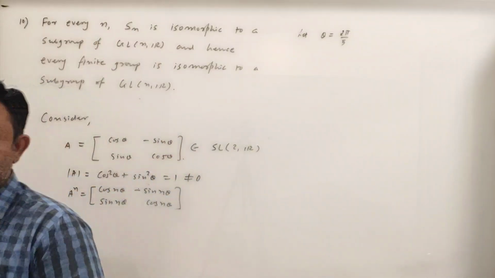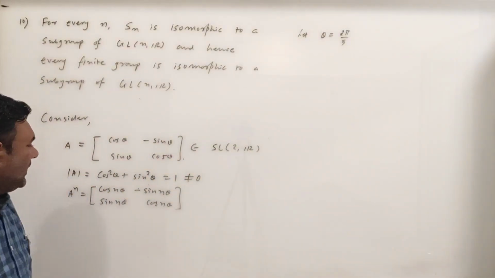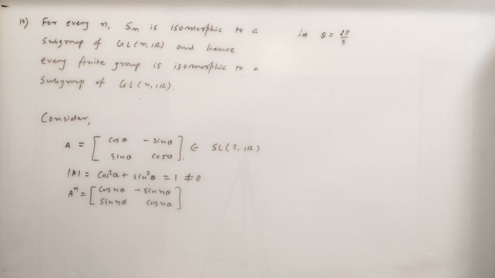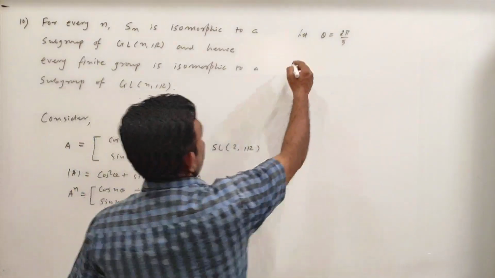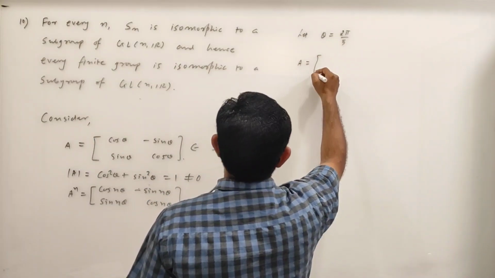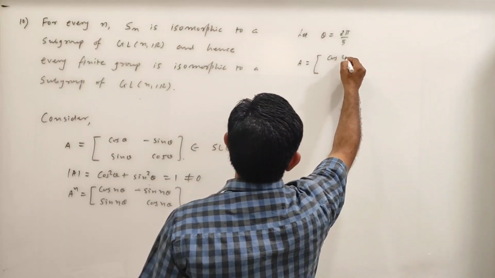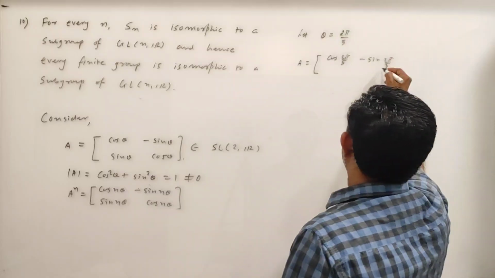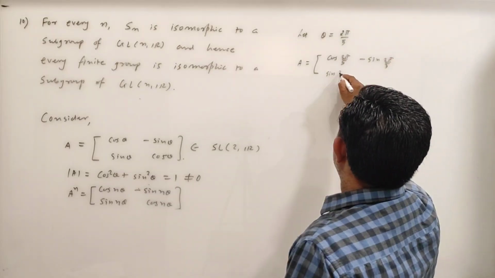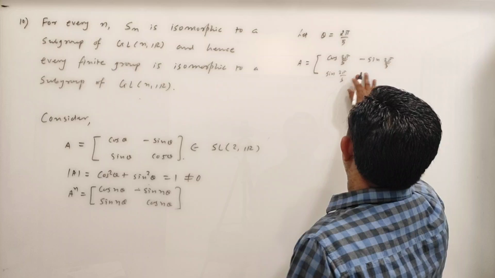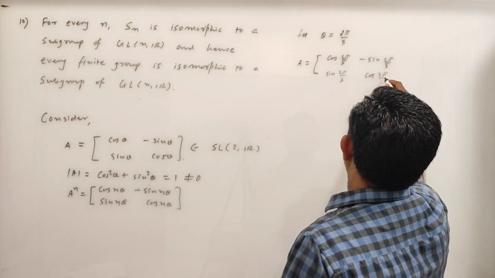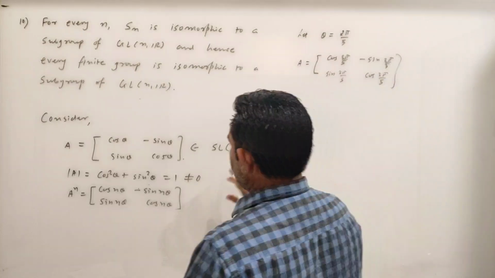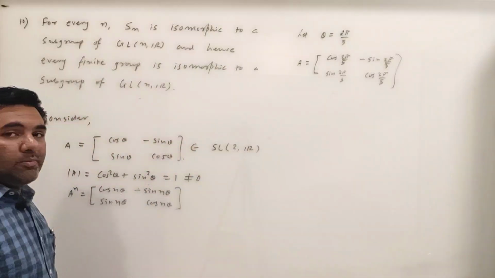So what will this matrix be? This A will be cos 2 pi by 5, negative sine 2 pi by 5, sine 2 pi by 5 and cos 2 pi by 5. So again its determinant is 1, and so it will be a member of SL2R.